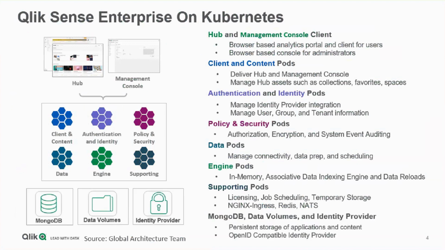And so undergirding that is MongoDB, so a document store to handle some of the metadata of the system. Then you have just normal data volumes, which are just mounts, but we'll get into that a little bit later. And then you do need a modern identity provider along with it.